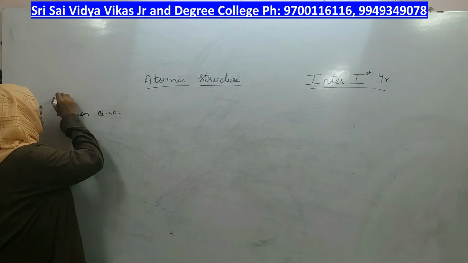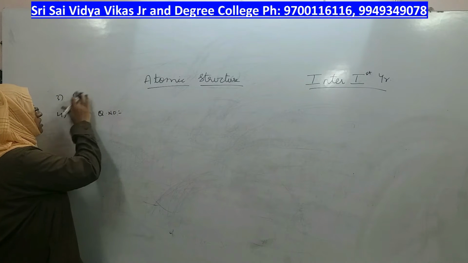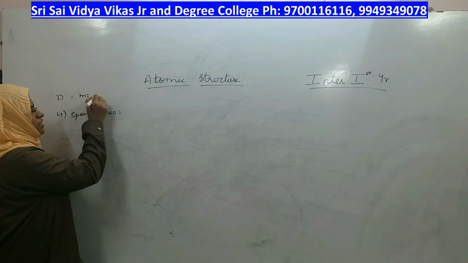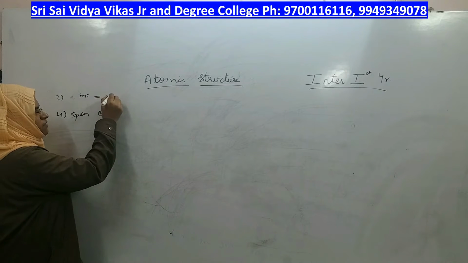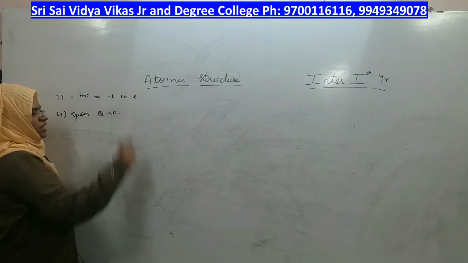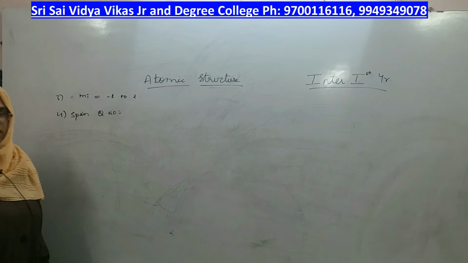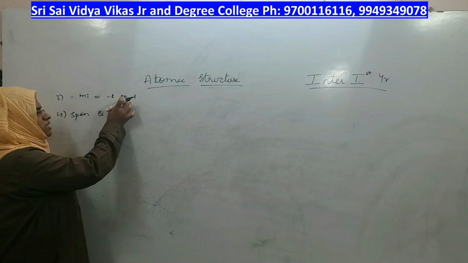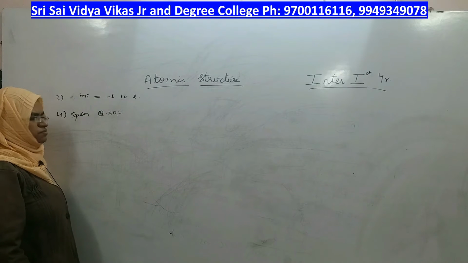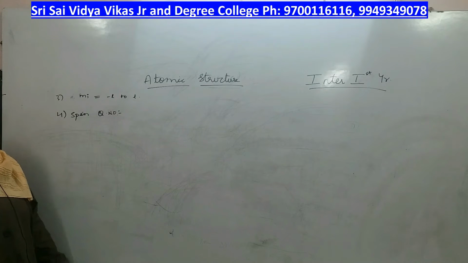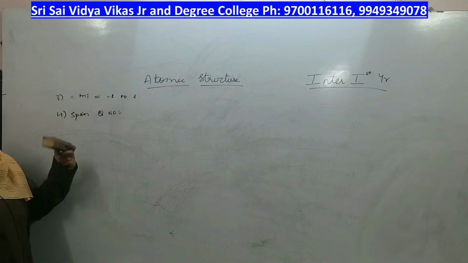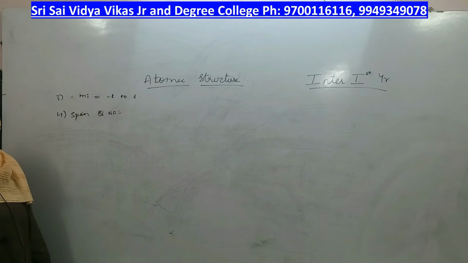Magnetic quantum number was denoted by ml and its value was starting from minus l to plus l, right? That was magnetic quantum number. Knowing magnetic quantum number you can determine the spin quantum number, or you can also say spin quantum number doesn't depend on the other quantum numbers.